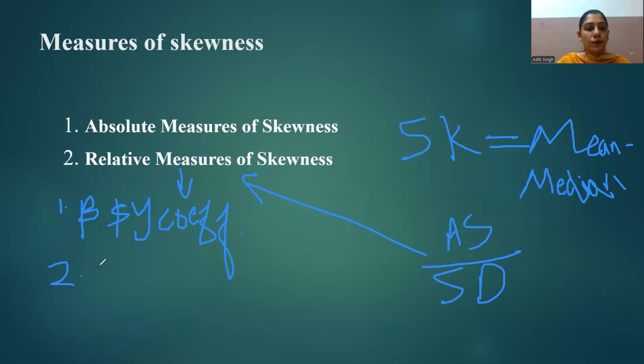Next method is Karl Pearson's coefficient of skewness. So we will talk about the formula.